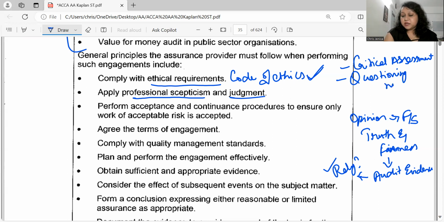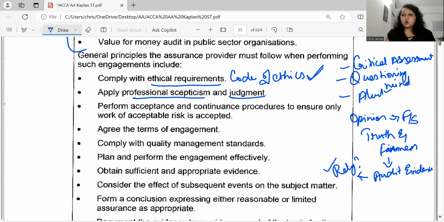You need to be judgmental and you should have a questioning mind, and you should be alert to conditions where there could be some kind of an error or a fraud or any bias that could have impacted the financial statements. Okay. So that is basically called professional skepticism and judgment.